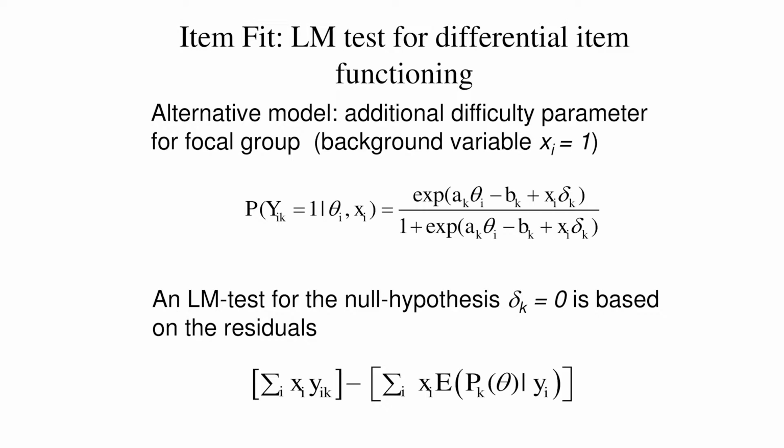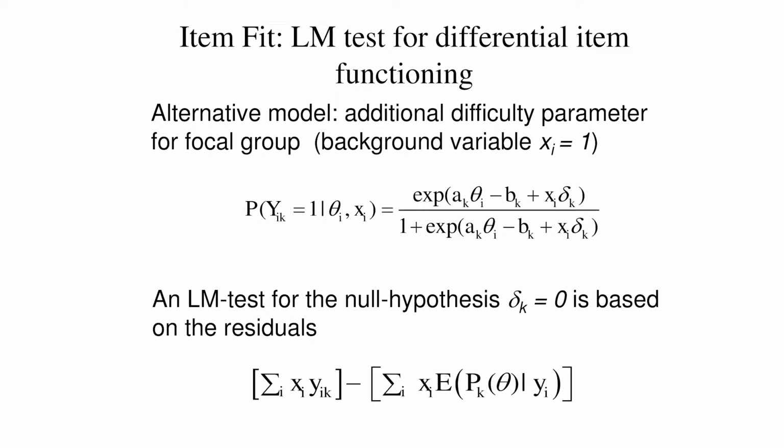If you use a Lagrange multiplier test, and I will define that statistic in a moment, but it's a rather technical definition, so it's not important here in this framework, but just to be complete, I will define it in a moment. But if you do all the arithmetic, then it turns out that the test for that null hypothesis can be based on a difference between observed scores and expected scores.